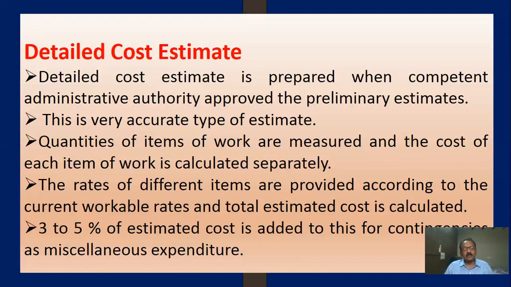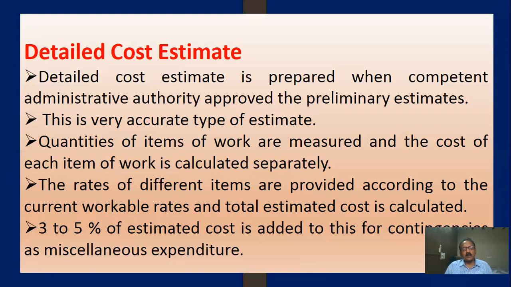aluminum or any architectural works. We calculate each of these quantities, and we have to know the cost of each item from local rates or from the SSR given by different organizations of the respective governments, that is, state government or central government.